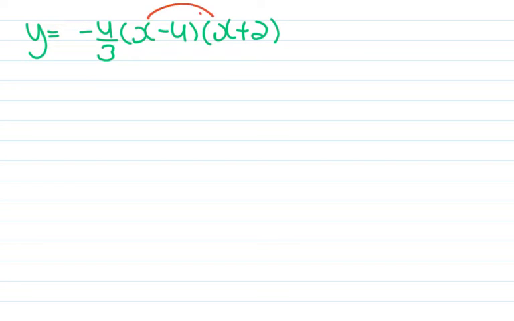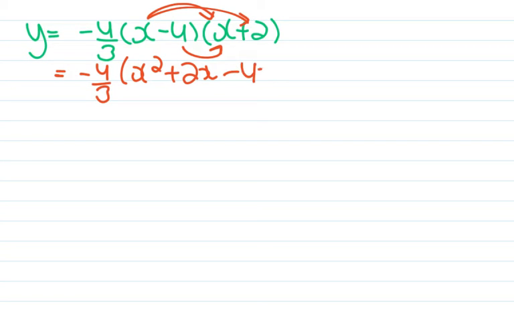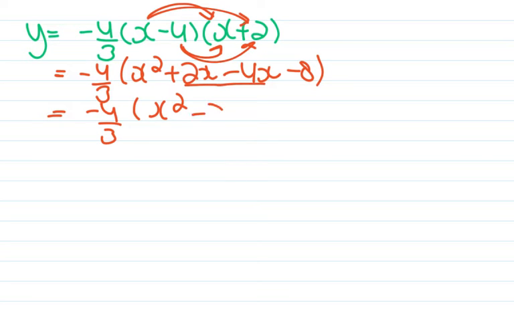So first I'll expand the two brackets, leave the negative 4/3 in front. X times x is x squared, x times 2 is plus 2x, negative 4 times x is negative 4x, and negative 4 times 2 is negative 8. Simplify inside the bracket first. 2x minus 4x is negative 2x, minus 8. All right, negative 4/3 times x squared is negative 4/3 x squared.